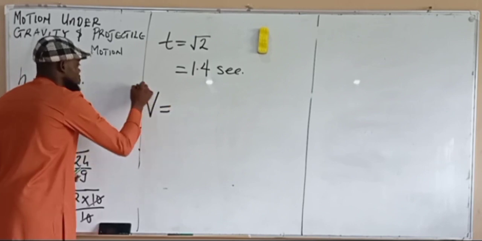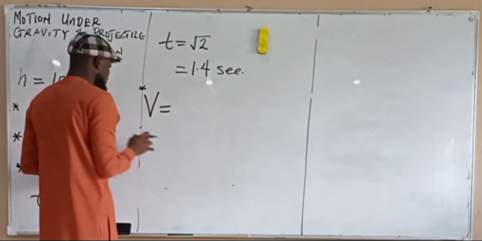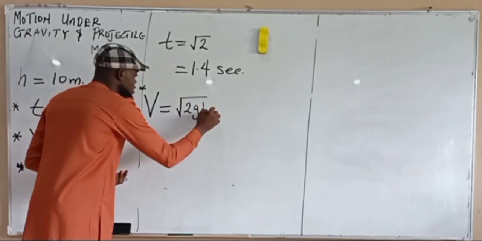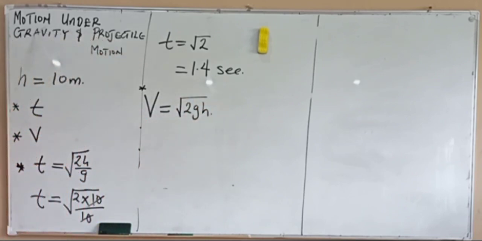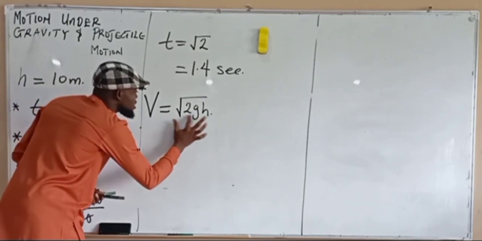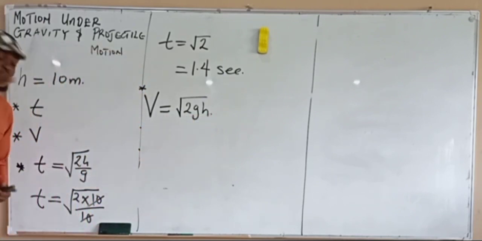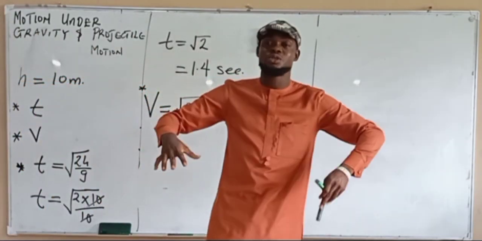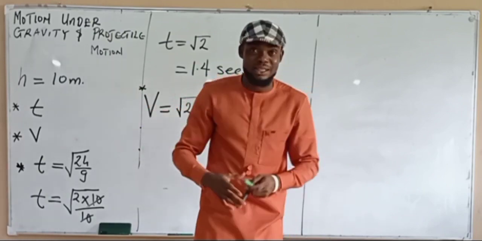Now, what about the velocity? The velocity of a falling body is given as the square root of 2gh. If you check the velocity formula, there is nothing like mass here. So both of them will fall with the same velocity, and we will get to the ground at the same time.